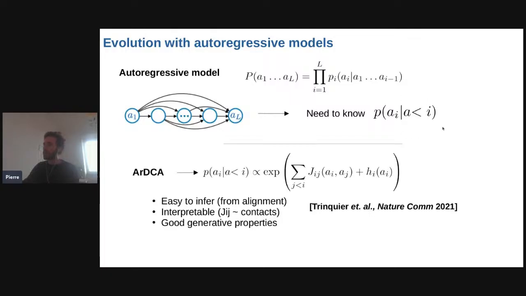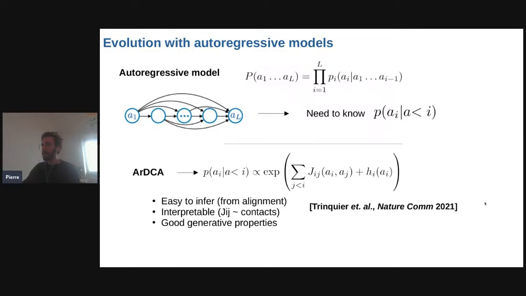And if you manage to learn these conditional probabilities, then you can sample the first site from something. The first site depends on nothing else. Then you can sample the second site given the first site, and so on, and you can generate sequences.